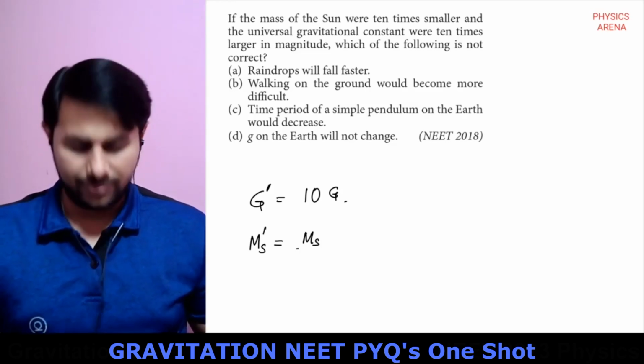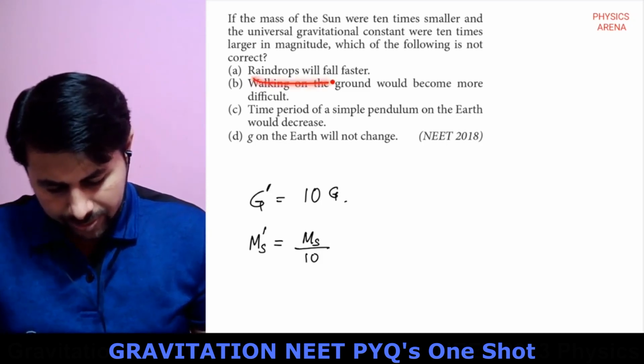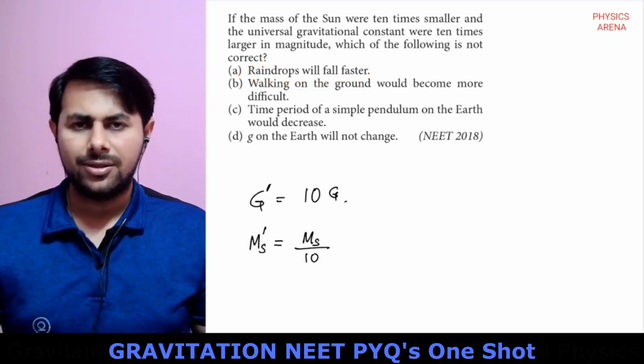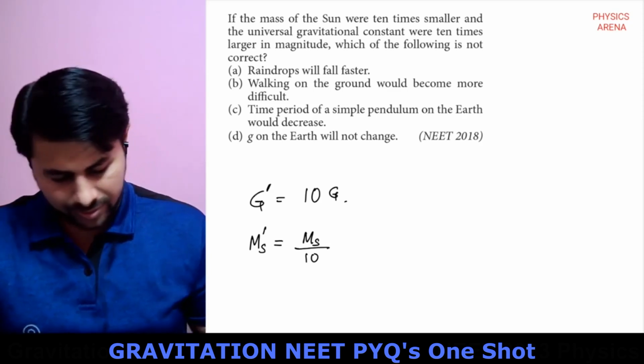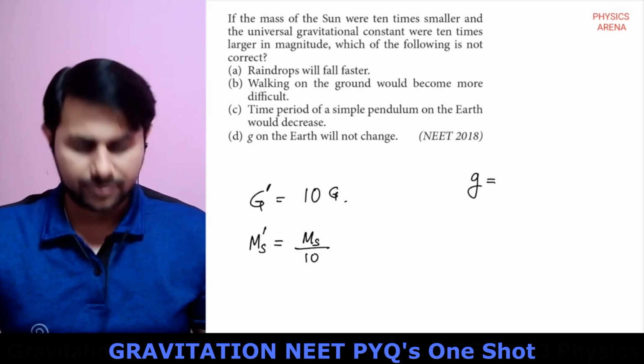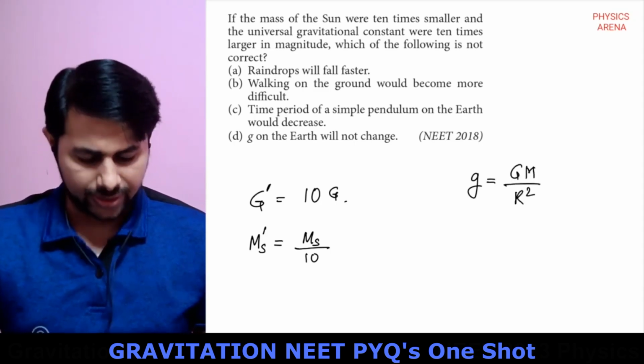So ms prime is equal to ms divided by 10. So raindrops will fall faster. Will this happen? Yes, it will happen, because what is acceleration due to gravity? It is GM upon r square.